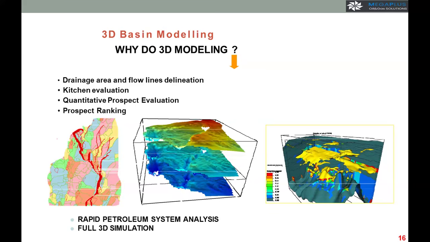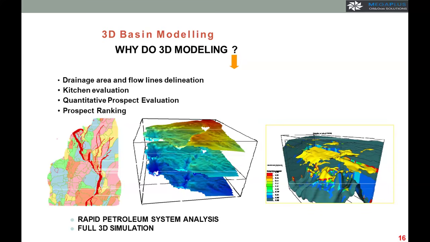Return to your model and correct all these points. If the migration path doesn't reach the prospect that you already produce from, of course the maturation model or the migration pathways map is totally wrong. You should return to your model and build it again, because at this level you didn't meet the already produced reservoir in your field.